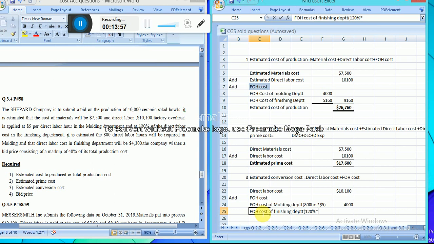So in the question, $4,300 direct labor cost is given, and the question says that the factory overhead in the finishing department will be 120% of the direct labor cost in the finishing department. So direct labor cost is 4,300 and the percentage is 120%.